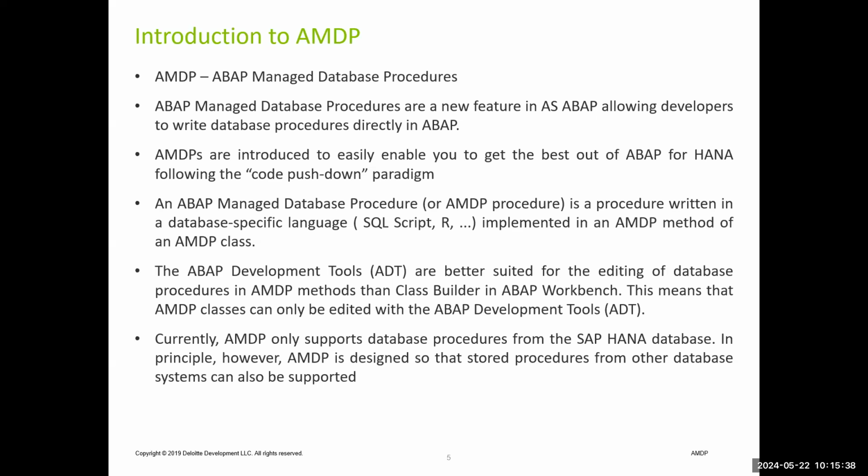But the roadmap is we can write AMDP for other databases as well. Like SAP also uses IBM DB2. So if you want to fetch the data from DB2, you can also write AMDP, but that is in the roadmap of SAP and it has not been introduced yet.